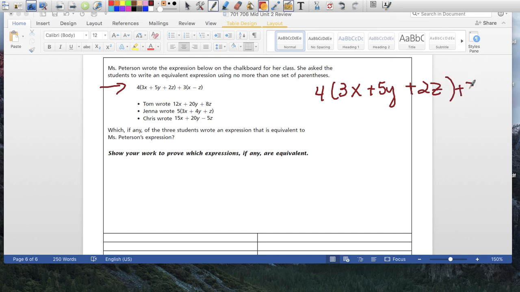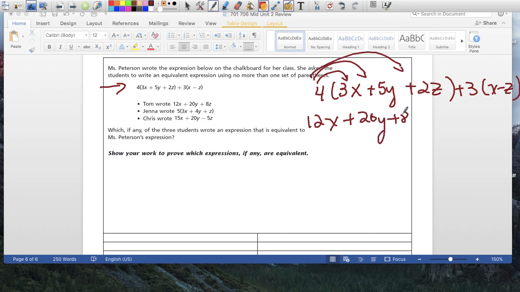If we did the distributive property, we would get 12x plus 15y plus 20y, everything is positive, plus 8z. On that side, it's positive times a positive, and you get plus 3x. And then positive times a negative gives a negative 3z. We can combine like terms.